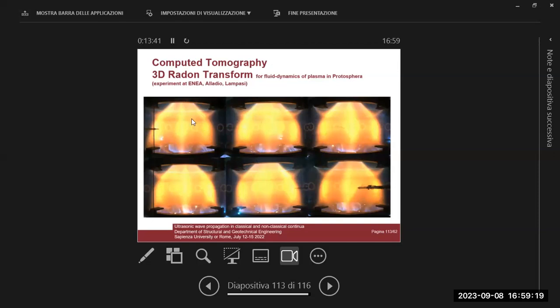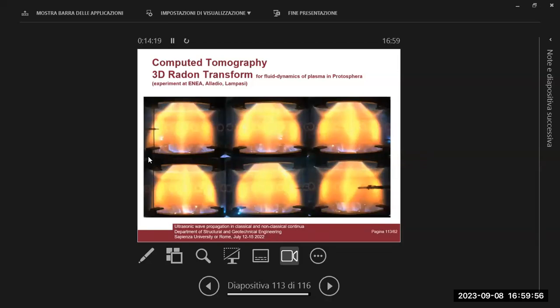Plasma is a state of matter which establishes in this sort of chamber when an electromagnetic field is generated by 2 electrodes, which are on the top and on the bottom of this sort of tokamak, let's call it, but it's transparent. An actual tokamak is iron. Here you can see through it.